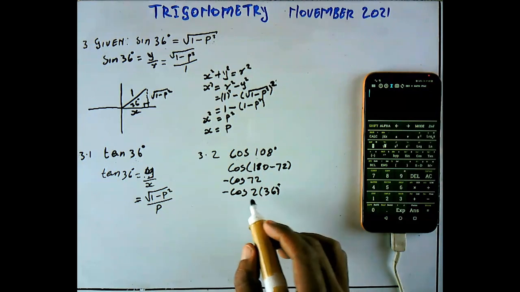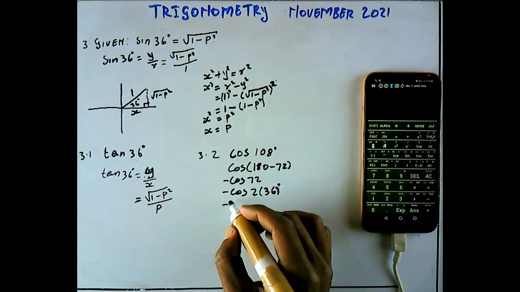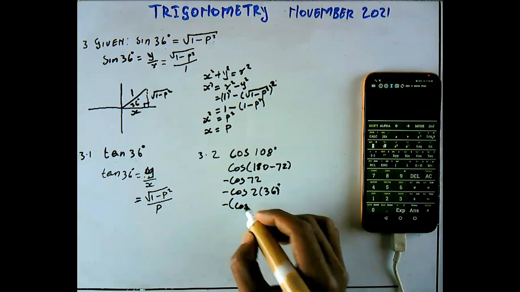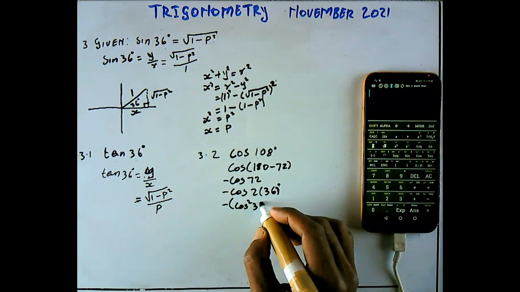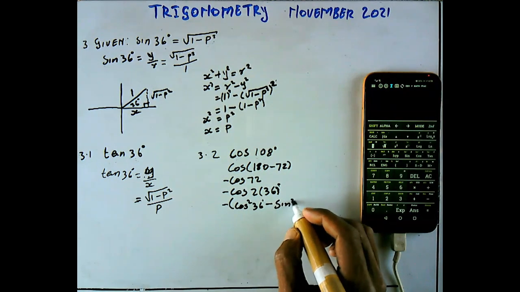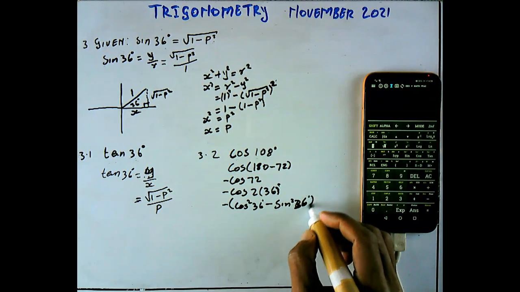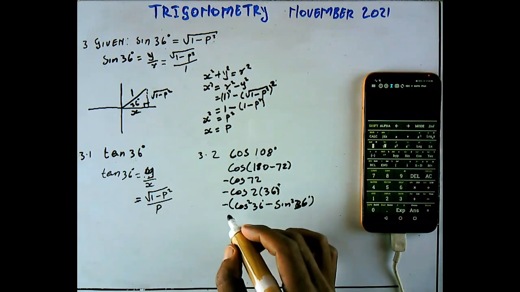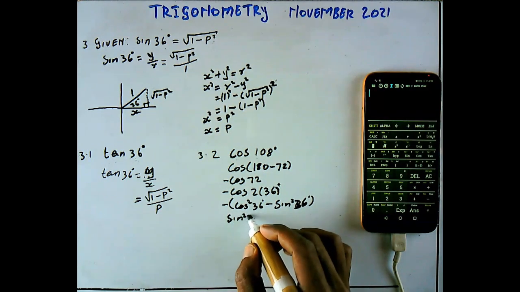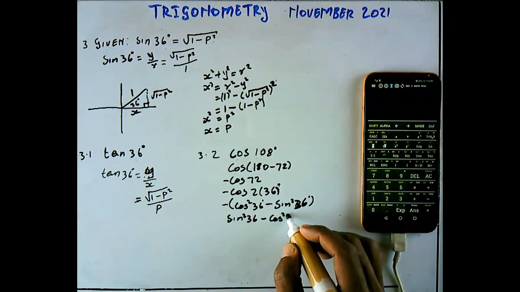Yes, and then here the double angle of cos is the same as negative cos squared 36 degrees minus sine squared 36 degrees, not 60, 36 degrees, those brackets, which is the same as sine squared 36 minus cos squared 36.